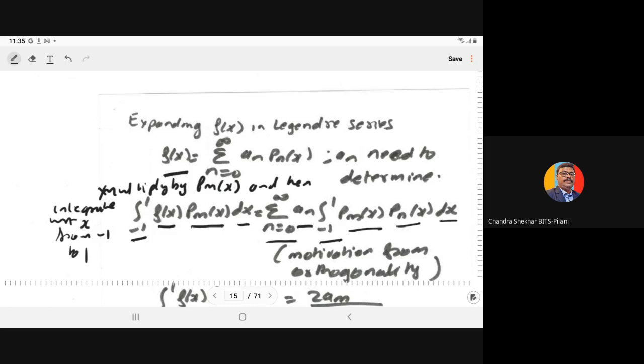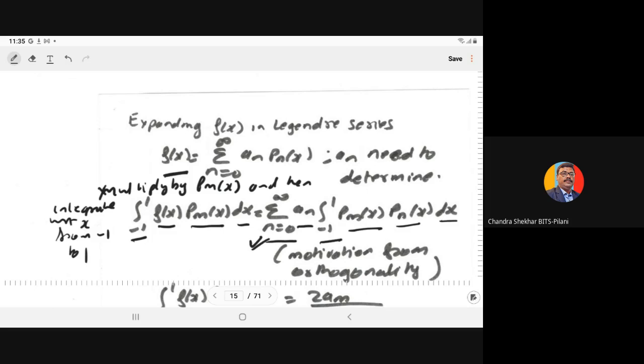Now, just now you have studied that the value of the integral from -1 to 1 of pmx pnx dx is equal to 0 when m is not equal to n, and it is 2 upon 2n plus 1 when m is equal to n. So when we are taking this summation from n is equal to 0 to infinity, at some point, when we are increasing n from 0, 1, 2, at some instant it will come to m, right?